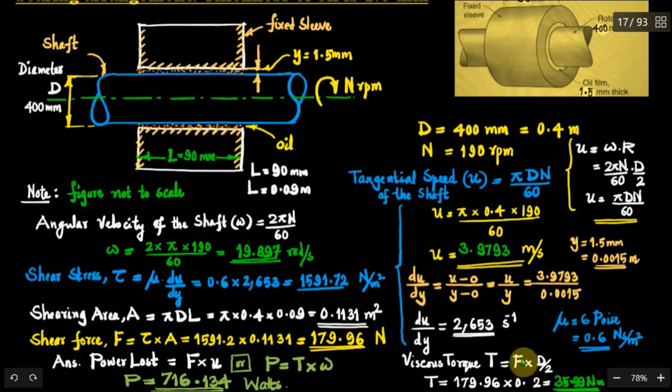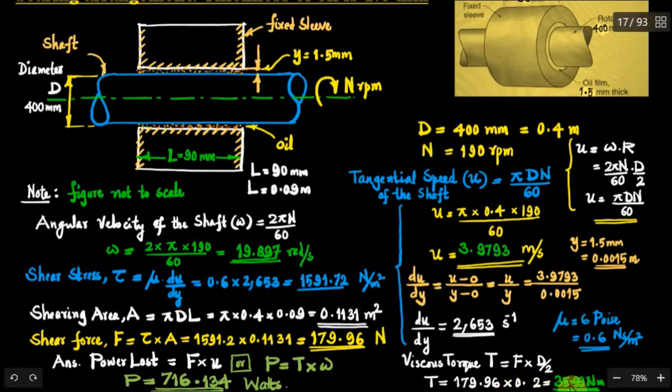So the viscous resistance multiplied by the diameter by 2, and the diameter is 0.4 meter. So the viscous torque T is equal to 179.96, that is the viscous resistance, multiplied by the radius, which is 0.2 meter. So you will get 35.99 Newton meter, almost 36 Newton meter.